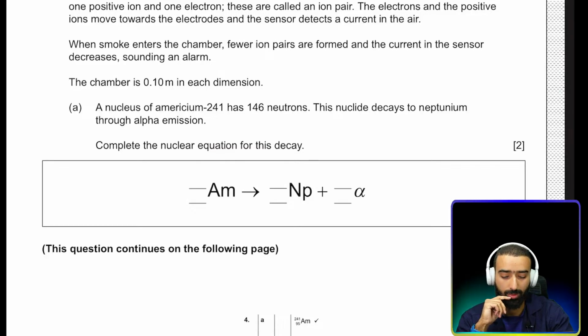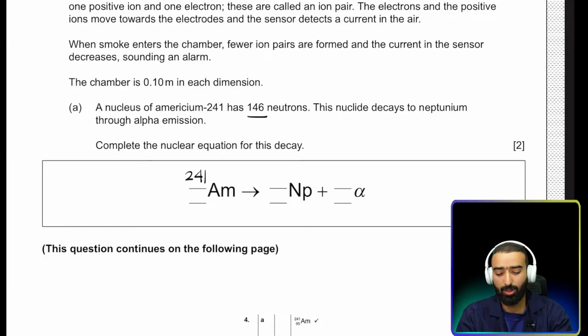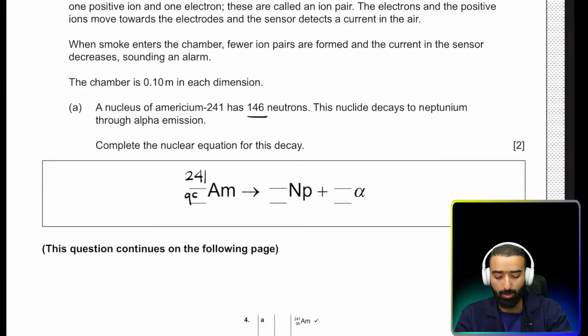So how do we do this? It has 241 nucleons and it has 146 neutrons. So how do we find the proton number? We do 241 minus 146, that's 95 protons. When it decays, we know an alpha particle has 2 protons and 4 nucleons.